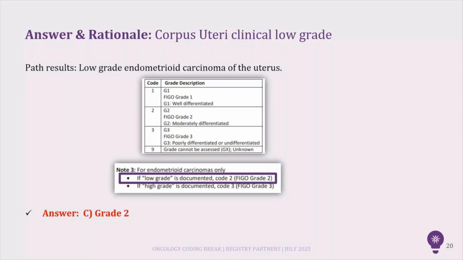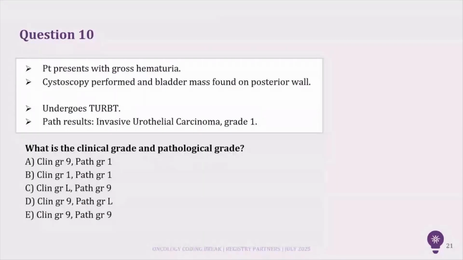Okay, the next one. So the patient presents with gross hematuria, cystoscopy is performed, and a bladder mass is found. Patient further undergoes a TURB, which reveals invasive urothelial carcinoma grade 1. So how are we going to code clinical and pathological for this one?